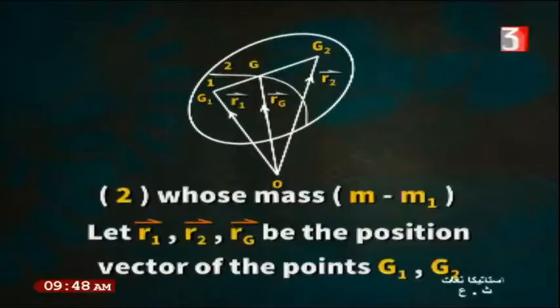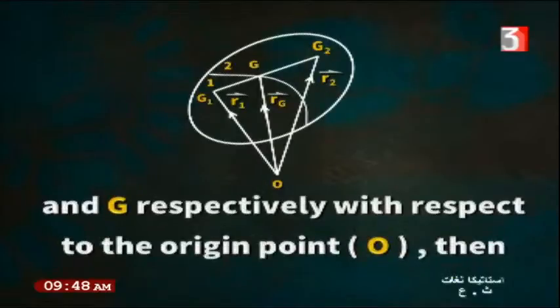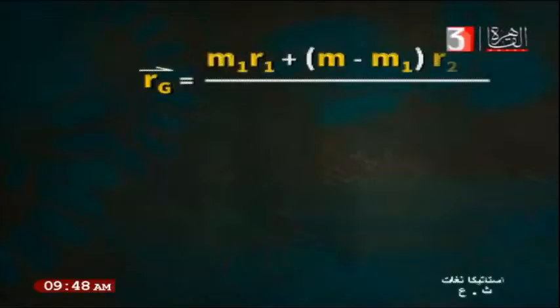Let r1, r2, rg be the position vectors of the points g1, g2, and g respectively, with respect to origin point O. Then we deduce that rg equals m1 r1 plus (m minus m1) r2, where m minus m1 is the mass of the remaining part, over the summation m1 plus (m minus m1), or m.